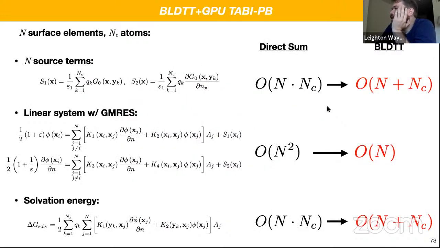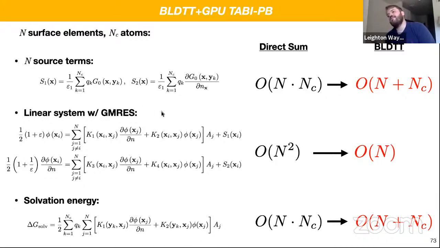Well, there's no reason we can't take everything we did with the BLDTT and the matrix vector products. There's no reason we can't apply the exact same ideas to computing the solvation energy and computing the source term. And in fact, that's exactly what we end up doing. So importantly, and this was the reason I made sure to include on that little intro slide about the N-body problems, your source and target particles don't have to be the same.